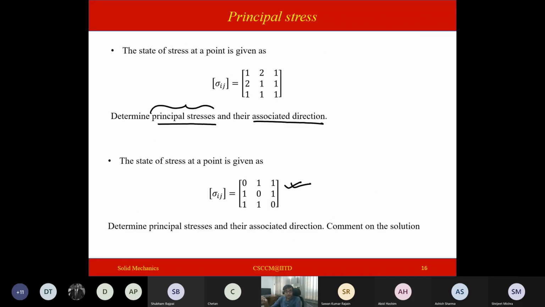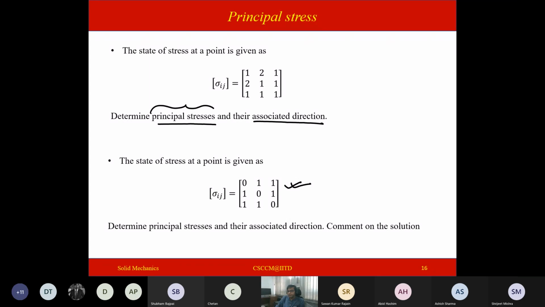So I have not done it completely, and this will be there in your homework. I think this is not there in homework 1, but this will be there in homework 2. And this is a very typical problem, because in this case you will end up with two same principal stresses.